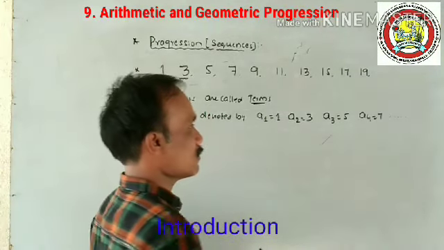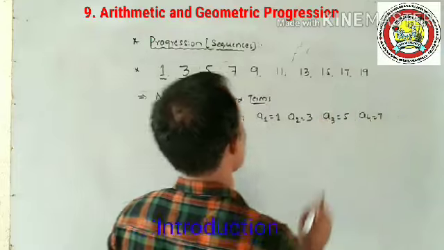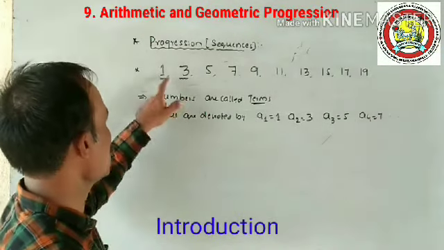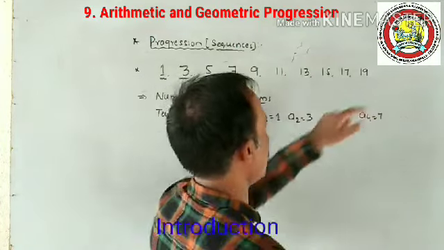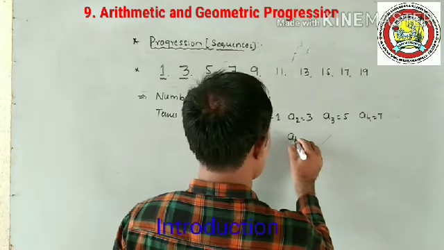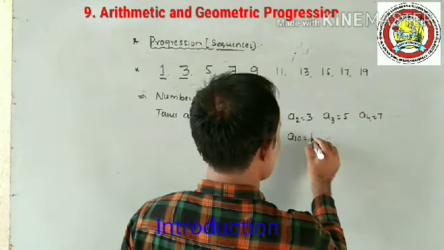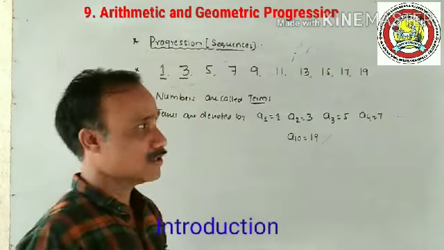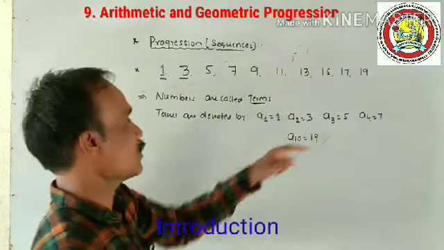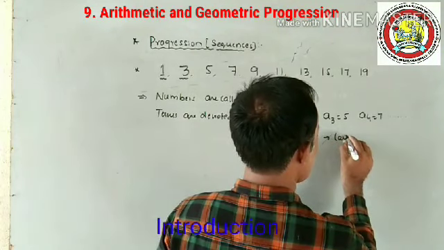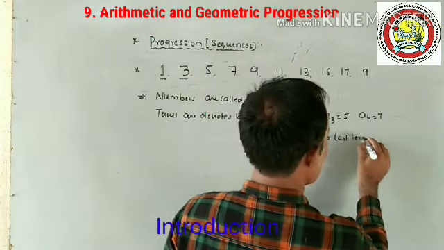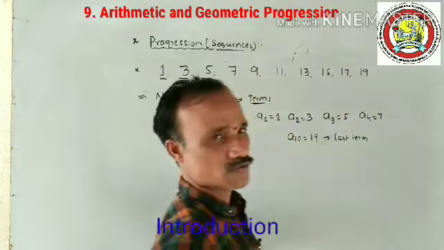Suppose in this progression or sequence we have 1, 2, 3, 4, 5, 6, 7, 8, 9, 10. How many terms are there? That is A10. So this is the last term in this sequence. There are no terms further.